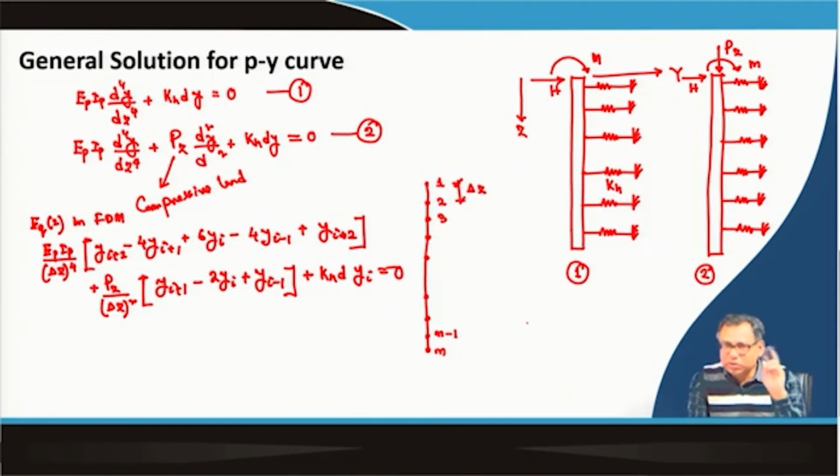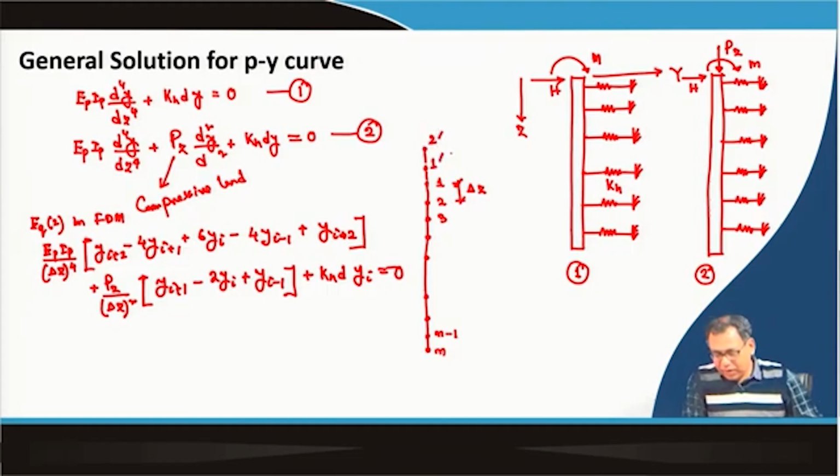So, 2 plus 2, 4 imaginary nodes will be required, 2 on each side. So, this is 1 dash and this is 2 dash.